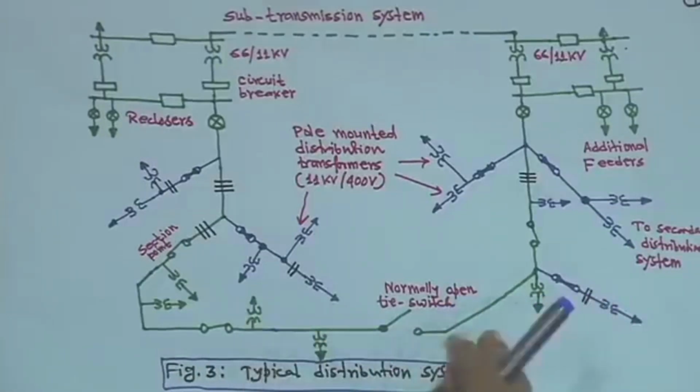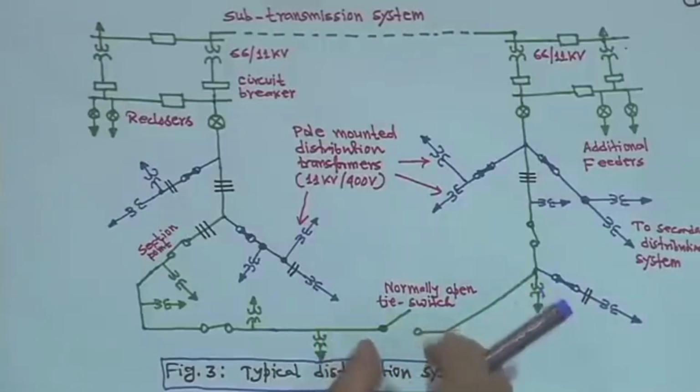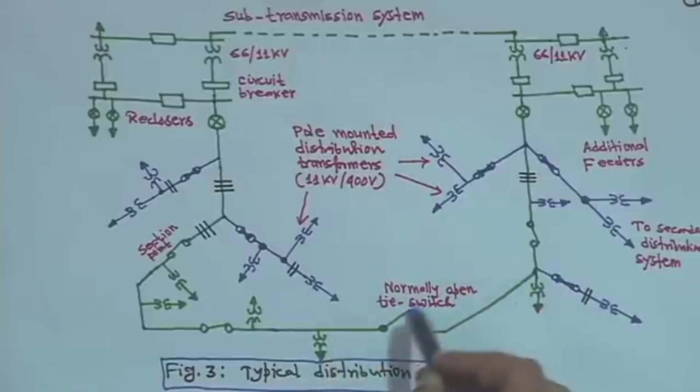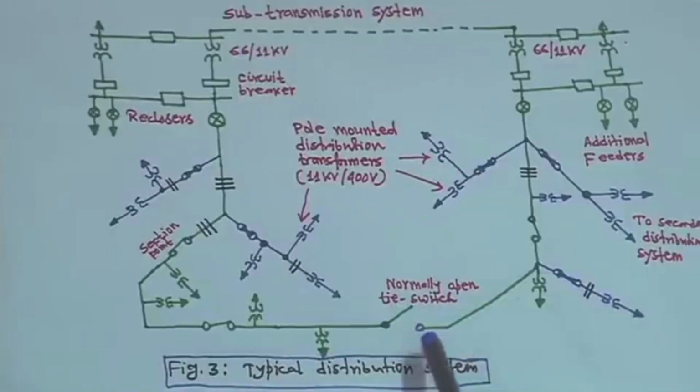So this is a tie switch. It is basically a 3-phase line, but one sectionalizer will be there, right, if you want to operate manually. Nowadays, with sophisticated control techniques, it can be automatically switched on or off. But why is this normally open?